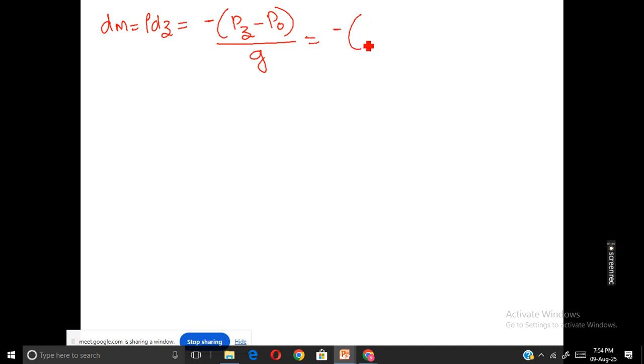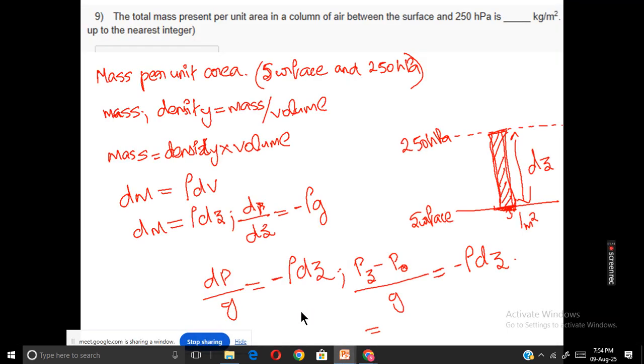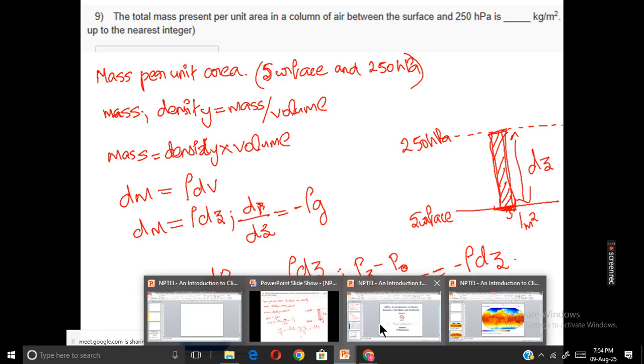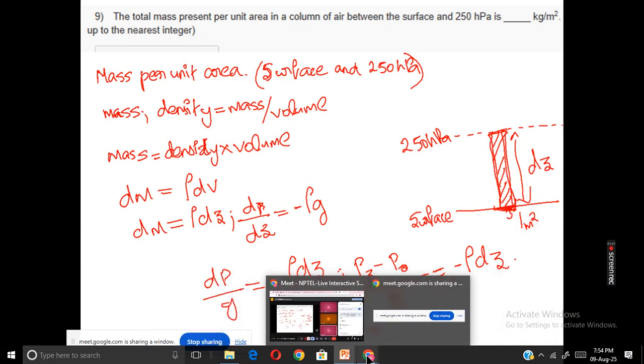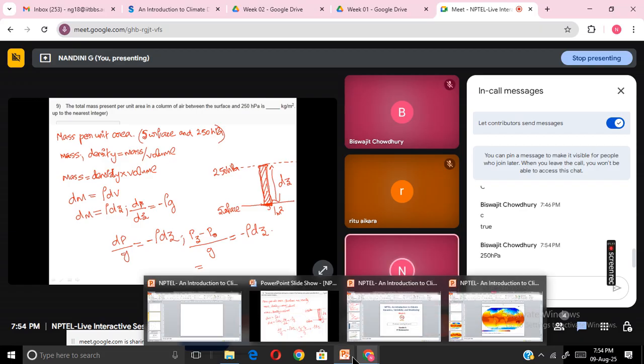What is the value of Pz which is given in the question? At what height? What is the height of the atmospheric column that is given in the question? Yes, 250 hectopascal. And what will be P0?